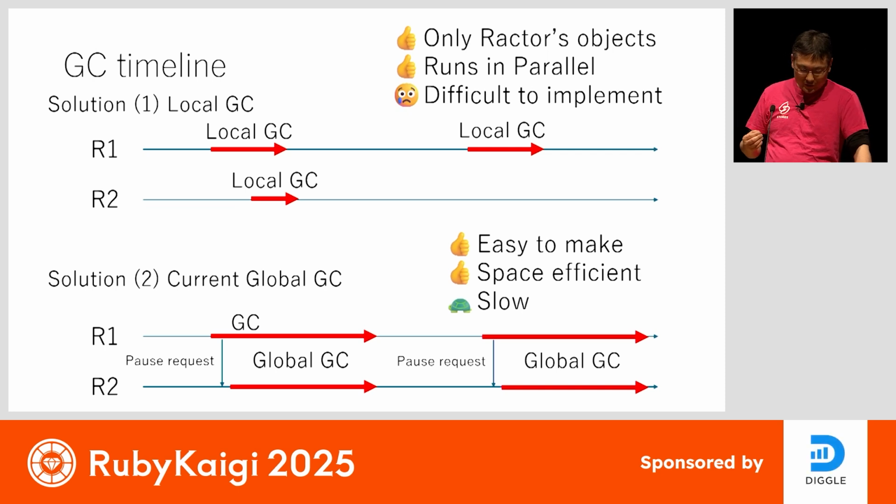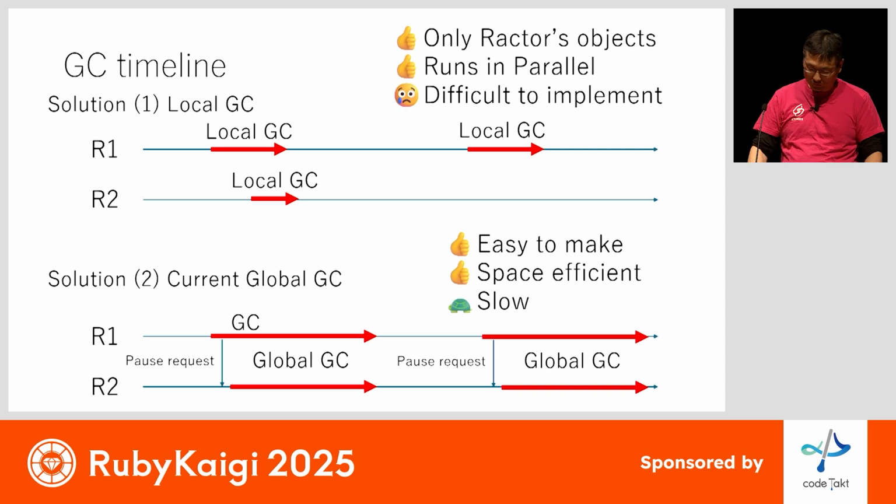If one Ractor requests a pause, then the runtime waits until all Ractors are stopped and runs the garbage collector on the shared heap. This is simple and space efficient because free slots can be shared between Ractors. But unfortunately, it's slow, and it breaks parallel execution.